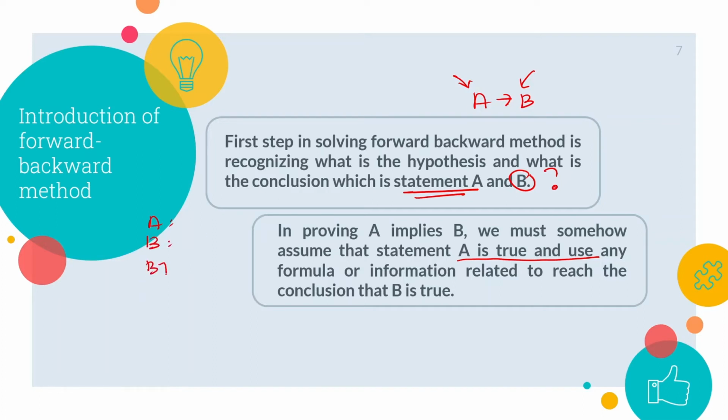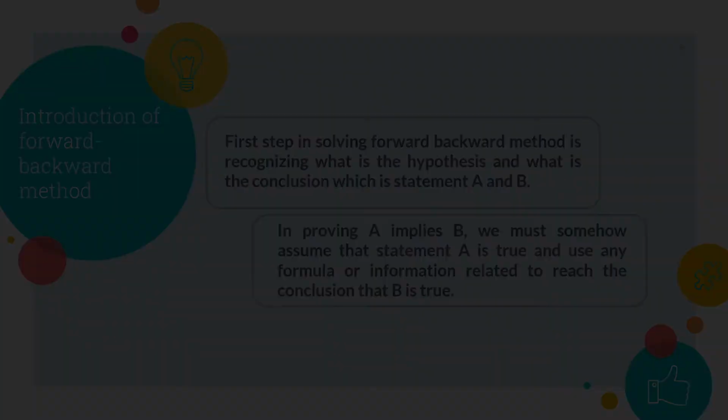We are going to find B1, which is the conclusion, going by formula or any information related to get the conclusion. Okay, so this is what the forward-backward method goes through.